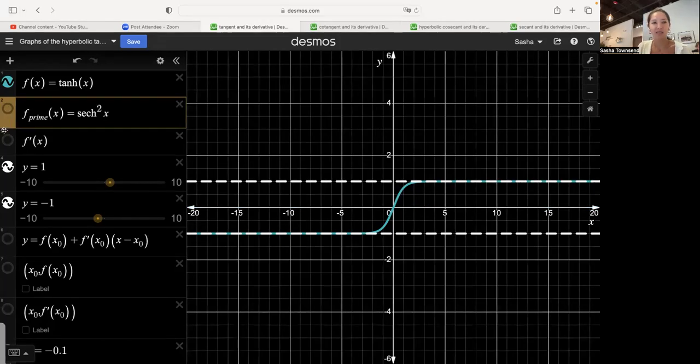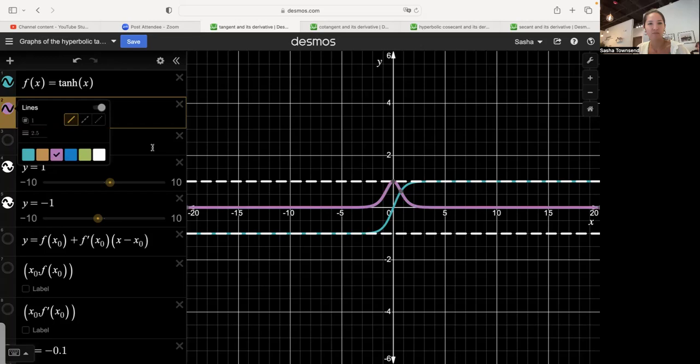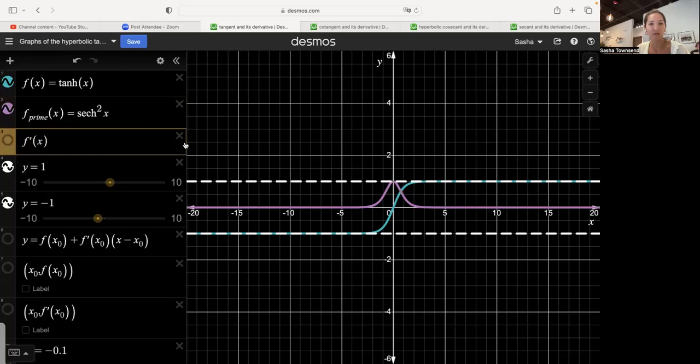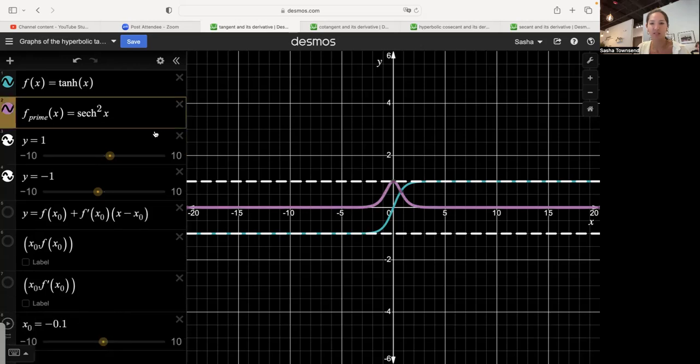Desmos.com will actually calculate that for us. So if we just type f prime after typing in f, it calculated the derivative and showed that to us. But it's the same function. So either way, you can use the calculated version or the equation that we came up with in our derivation.